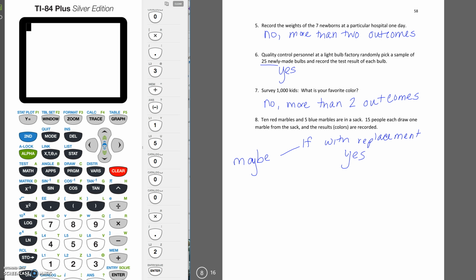It would be independent with the replacement. There's 2 outcomes, either red or blue, and the probability of getting a certain thing would stay the same. If no replacement, then the answer would be no, because the trials would no longer be independent.